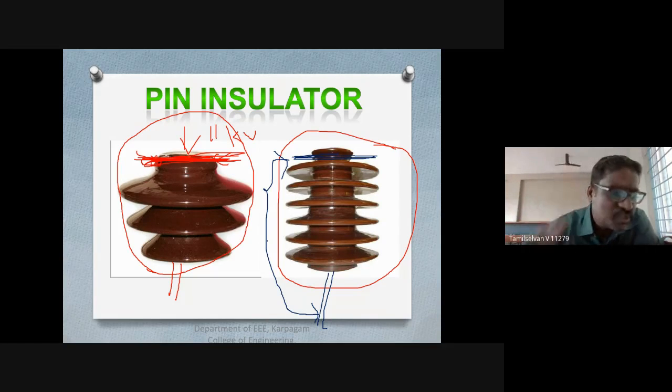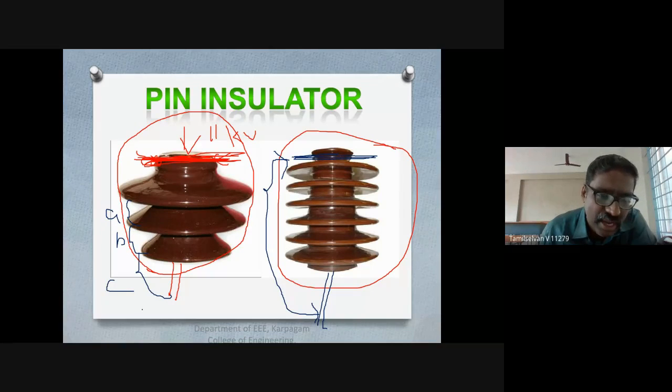So what is the arcing distance? Suppose here, in the arcing distance, I have the disk here. This is your A, and I'm calling this air gap B. From here to the pin, this is C. And this is where we are placing our crossarm. So the arcing distance will be equal to A plus B plus C for this type of insulators.